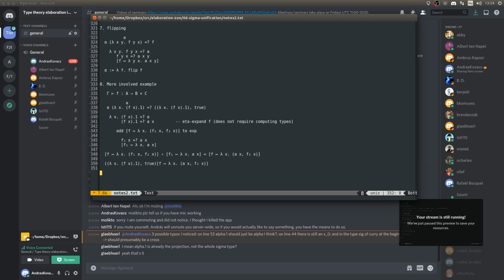Because if I'm performing this substitution, then this becomes lambda x dot a x, and I'm also doing the computation. And then I can solve alpha as lambda a, so we always have this lambda a. And then this is the solution.